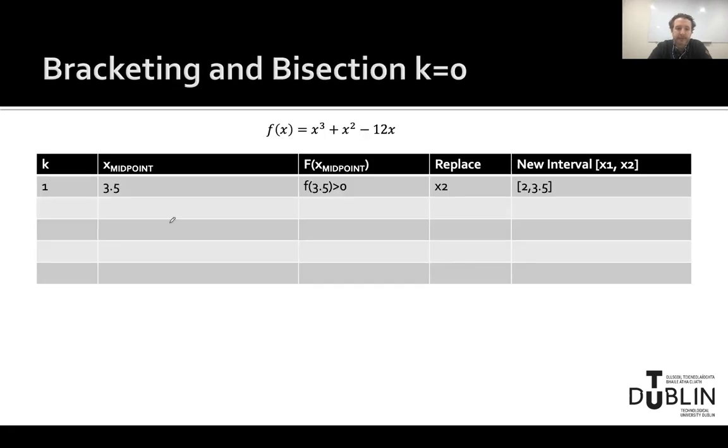So what does that look like? In tabular form, your interval that you started with here is 2 to 5. You have your midpoint. You find your f of your midpoint, which is above the line, which is positive. So you replace the 5. So now instead of having an interval from 2 to 5, you have an interval from 2 to 3.5.